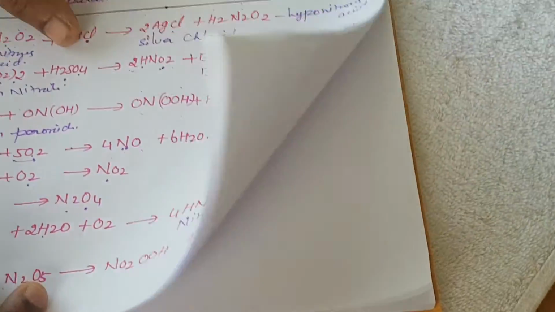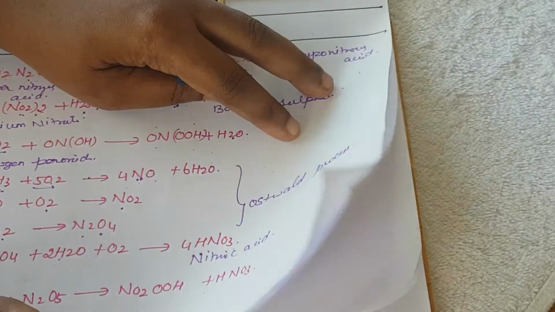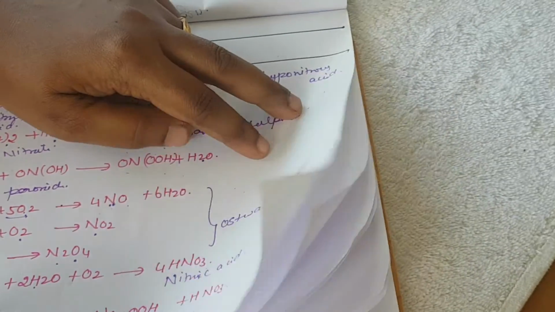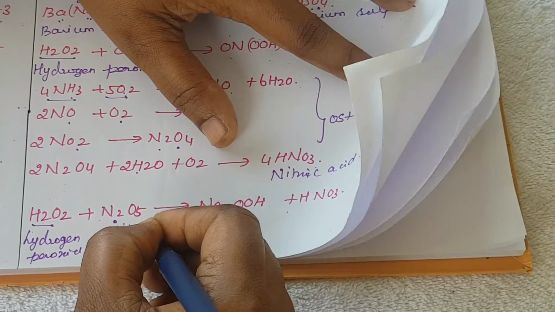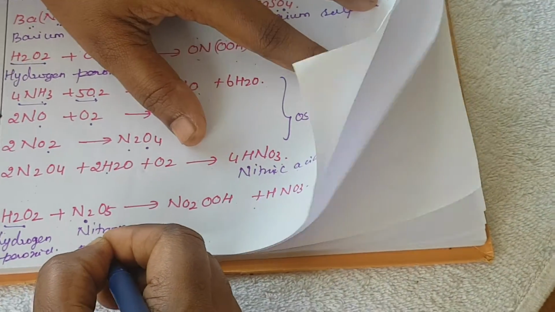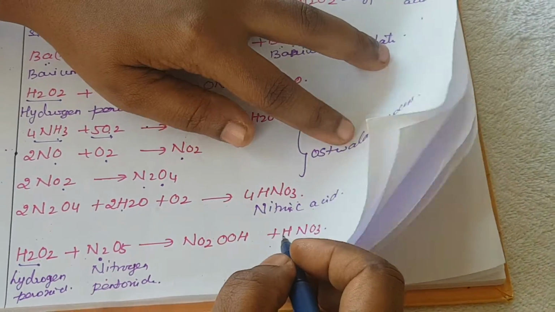Then another one is pernitric acid, HNO4. Oxidation state is +7. Hydrogen peroxide reacts with nitrogen pentoxide to form pernitric acid.